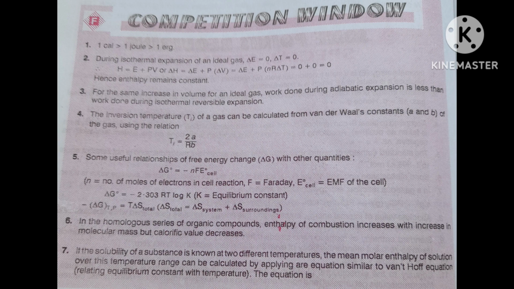Minus delta G at constant temperature and pressure is equal to T into delta S total, where delta S means change in entropy. This is the relation between free energy and entropy.